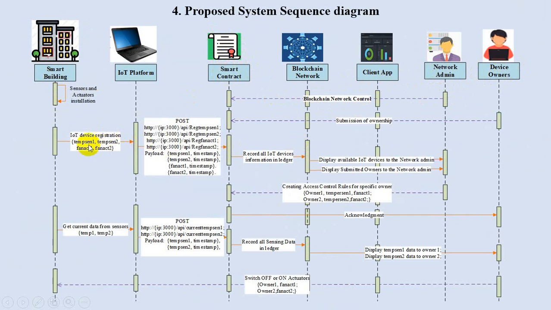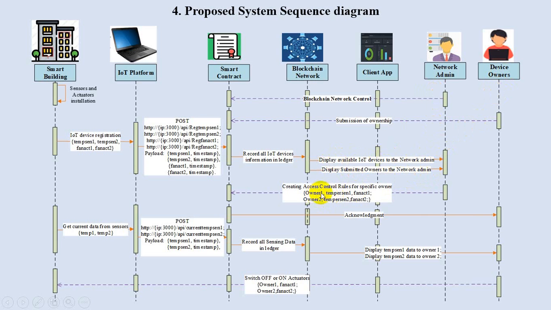First, the IoT device is registered to the IoT platform, and the IoT platform sends a post request to the blockchain network through a smart contract. All of the registration times, types and information about devices are stored in the blockchain network, and based on room numbers or other things, the network admin can give specific permission to device owners to control their own devices.